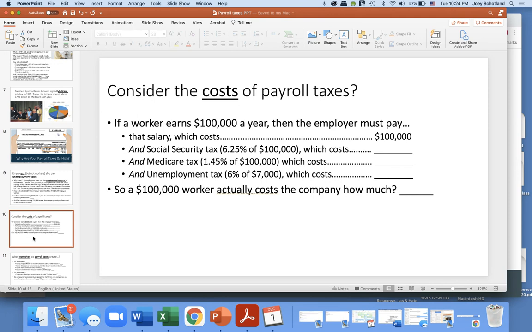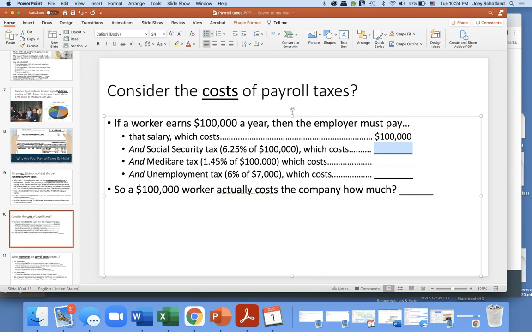So let's consider the costs of all of these payroll taxes together. If a worker earns $100,000 a year, then the employer must pay the following. They have to pay that salary, which costs $100,000, and they have to pay a Social Security tax, 6.25% of $100,000, which costs how much?